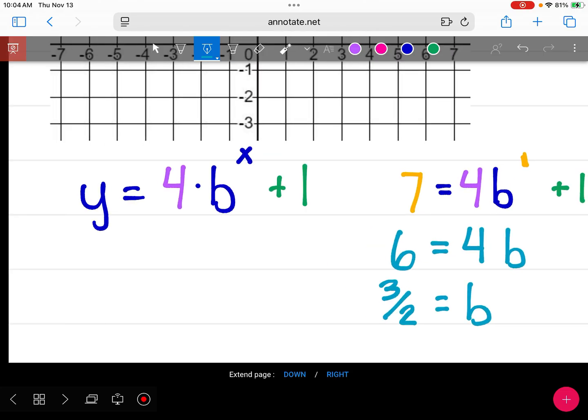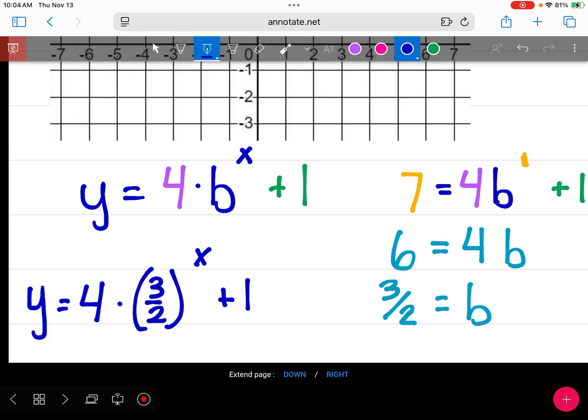So we can use the information about these relationships to take just a sketch or a picture and find our whole equation. Because our whole equation here is going to be y equals 4 times 3/2 to the x plus 1. So k is always going to be our asymptote.